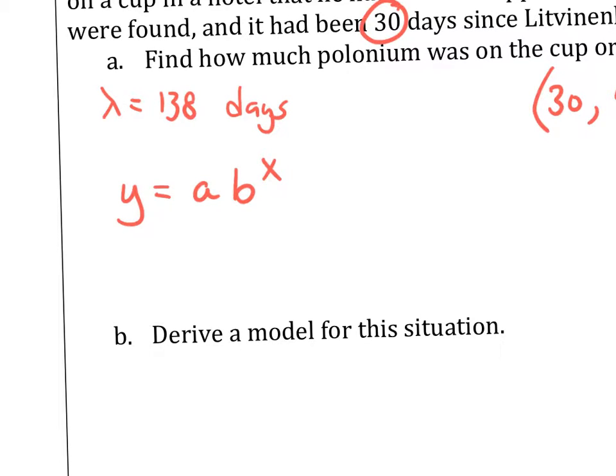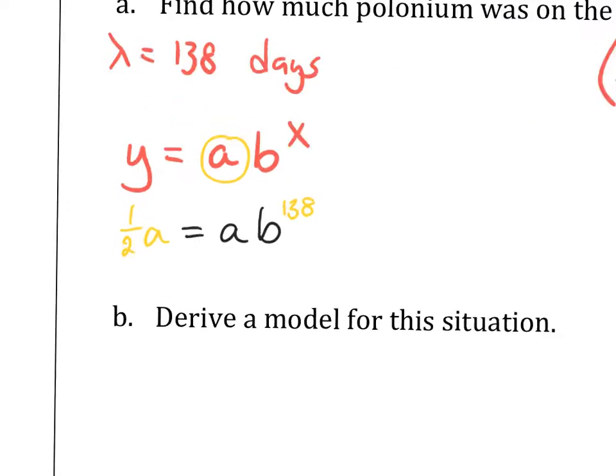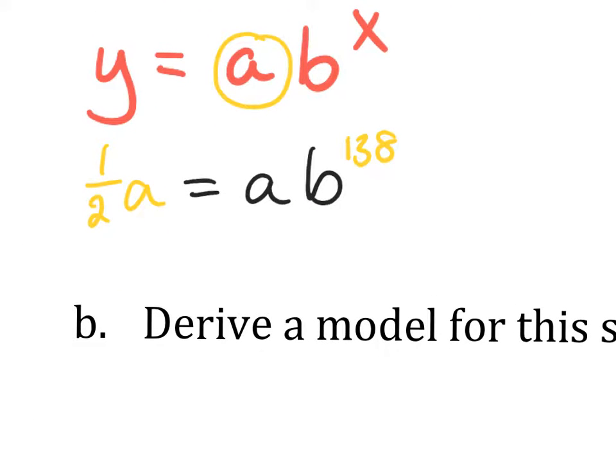So all I do is take the a and cut it in half, and add 138 days there. So what did I do? Essentially, I substituted in the remaining. Half of it is gone after 138 days.